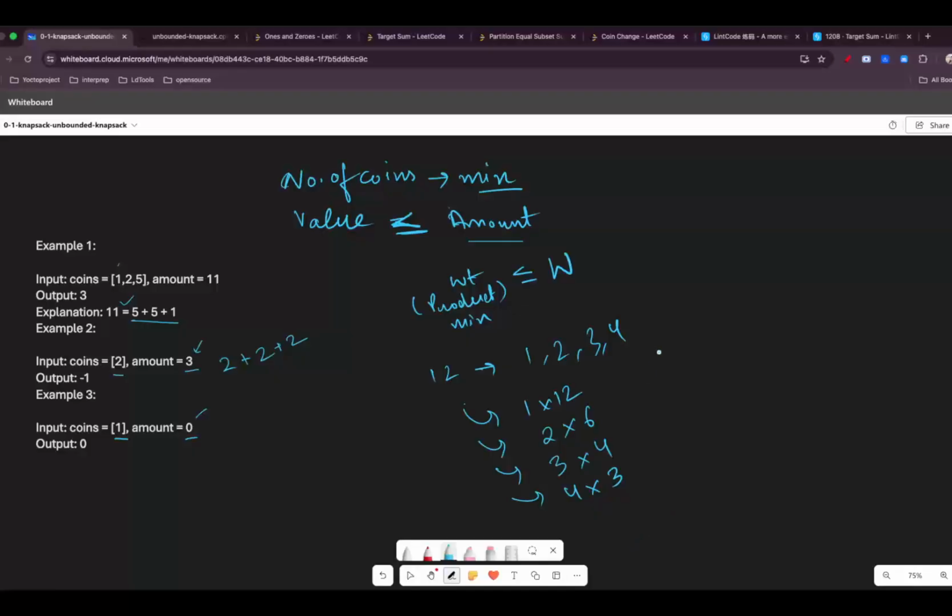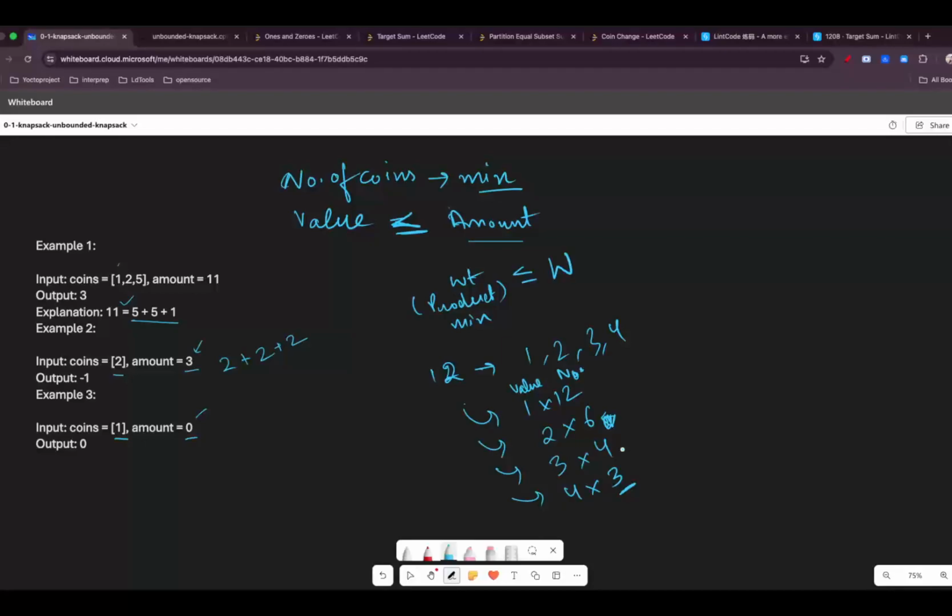Here this is the number and this is the value of the coin, and all of these equate to 12. But out of them, the minimum number of coins is 4 taken 3 times, which gives us 12.